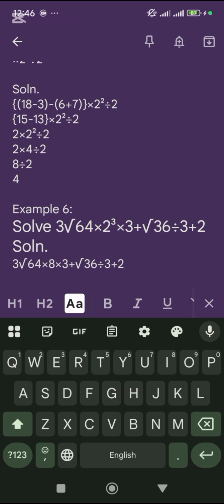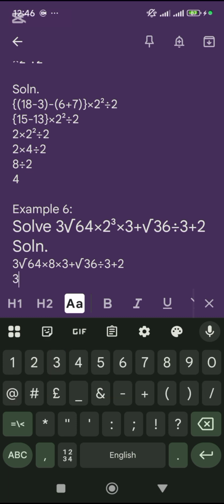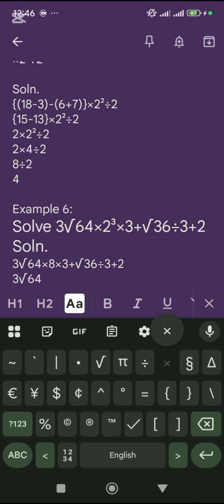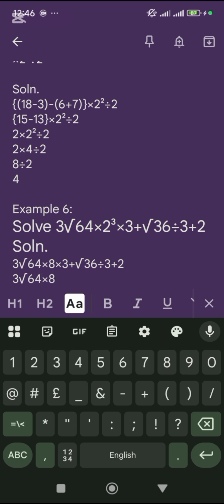Now you see that what we have is a square root and a cube root. In questions involving square root, cube root, fourth root, fifth root, and so on, the first thing to solve is the square root. Okay, so we just put the cube root of 64 times 8 times 3, plus the square root of 36 is 6.